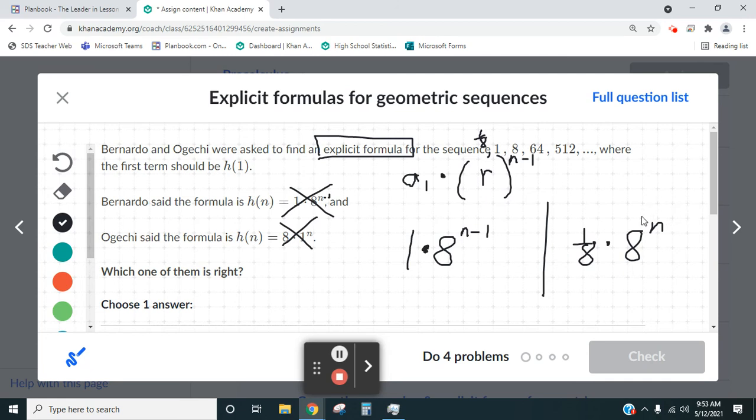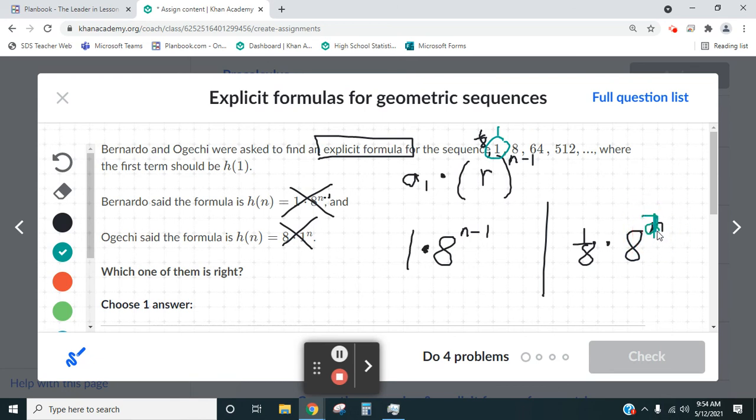Now, why does this one work this time? Well, we took away the minus 1, right? So it's like we had to go back in time one step. Because if I plug in 1, take a look at what happens. What's 8 to the first? 8. What's 8 times 1/8? 1, which is the first term, right? What happens if I plug in 2?